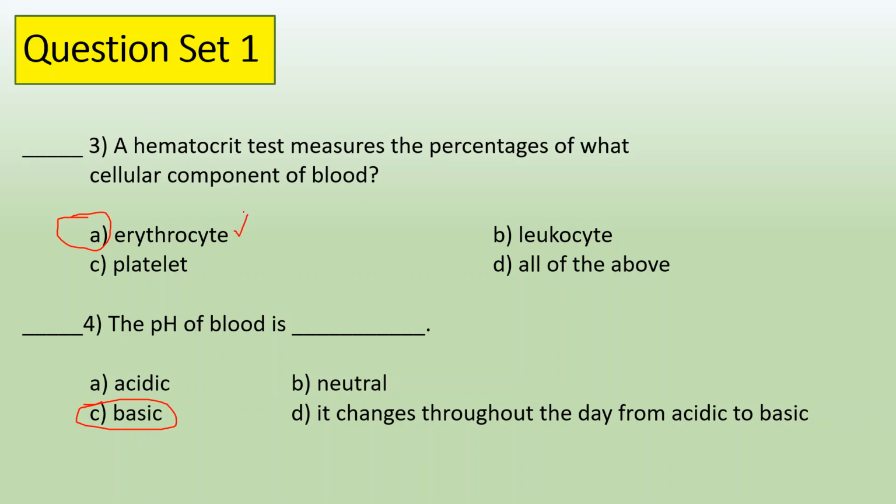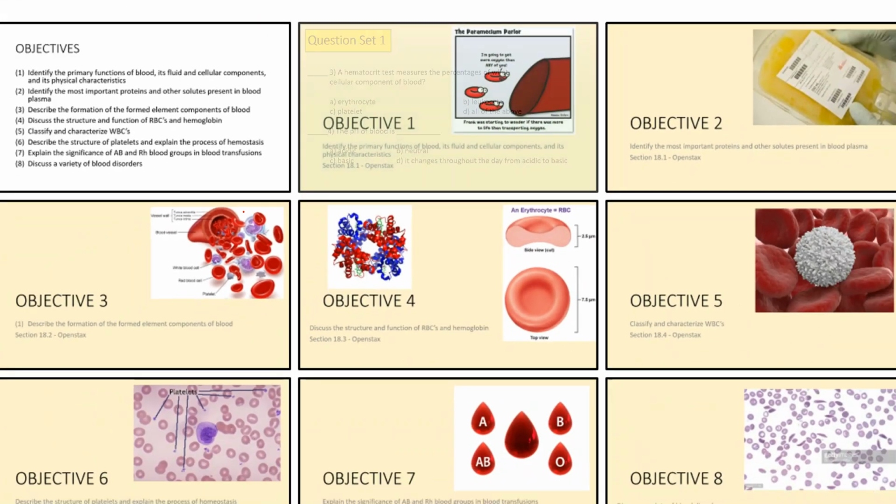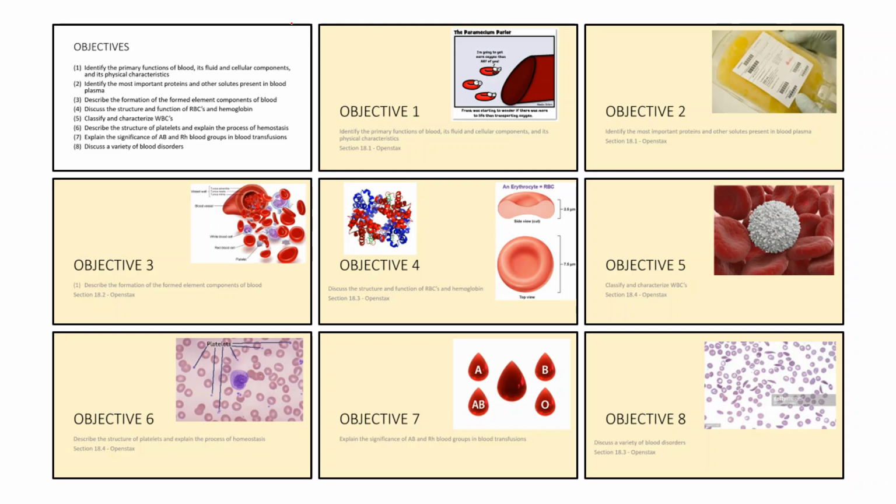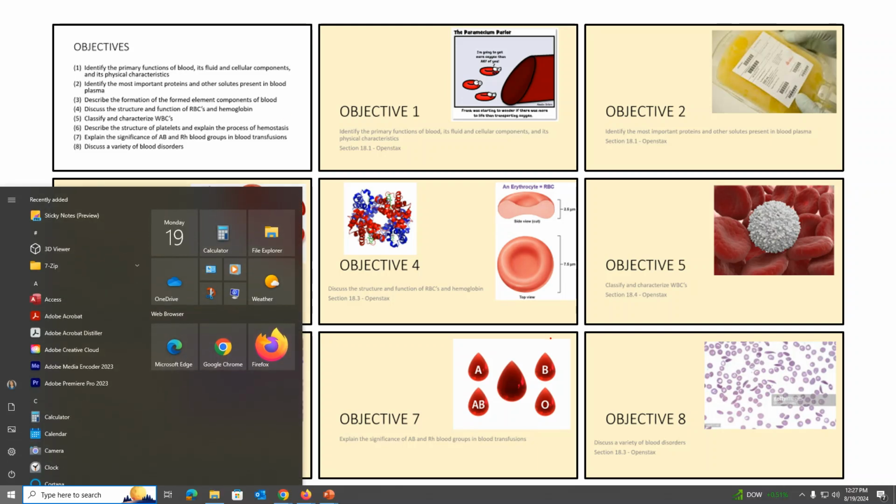Like I said, when we were going over the names of the cellular components of blood, you need to know them by both red blood cell, RBC, or erythrocyte; platelet or thrombocyte; white blood cell, WBC, or leukocyte. So you need to know their everyday terms as well as their anatomical terms. They're more biological names. And that concludes objective 1 for chapter 18.